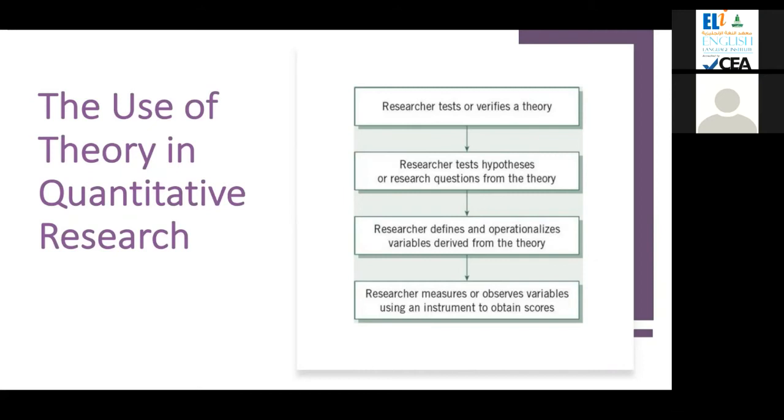And you will have to relate the scores with independent variables to see if there is a relationship and if there is an effect or not. So in quantitative research, we start with the theory, and we reach results or conclusions that are unified by the choice of the theory.